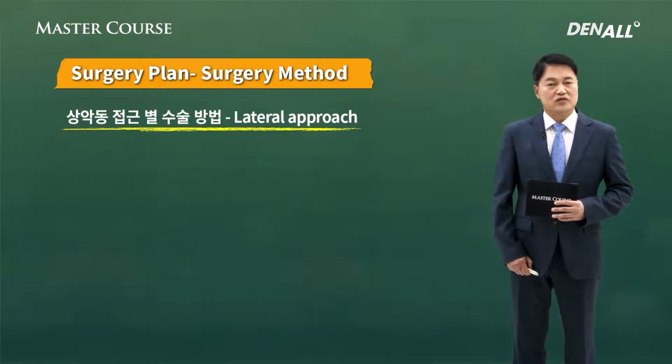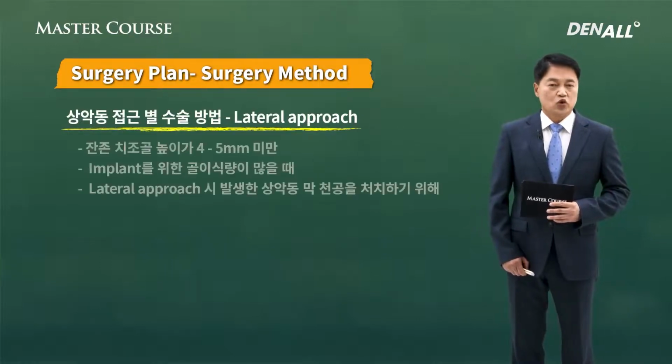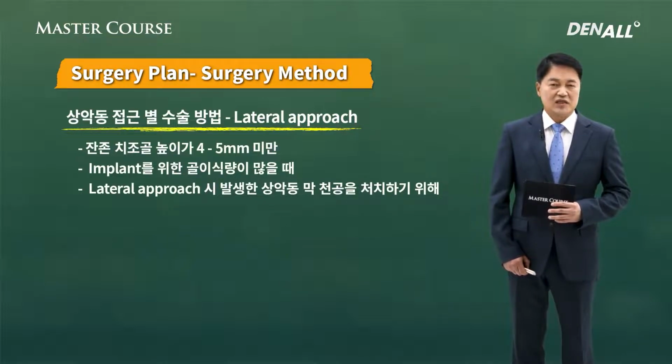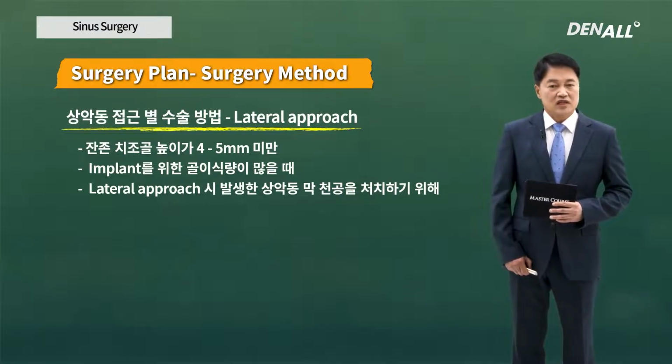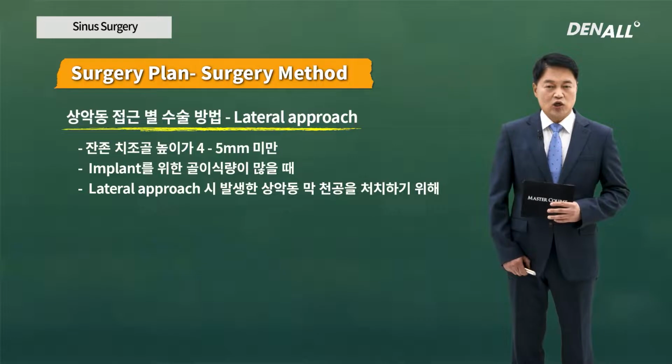Let's look at lateral approach. Lateral approach is used when the residual bone is less than 4 to 5 millimeter and if there is requirement for a lot of bone graft. This can also be done to treat perforation of the Schneiderian membrane during crestal approach.